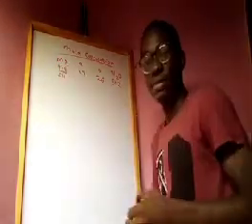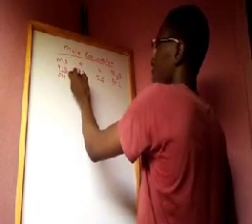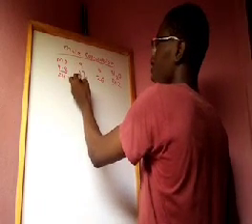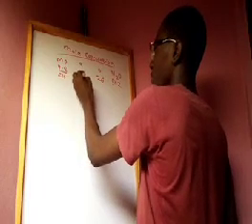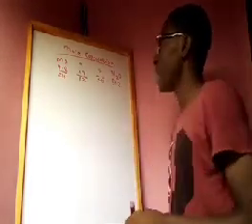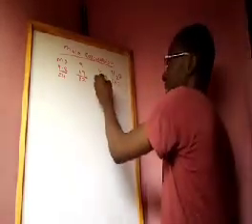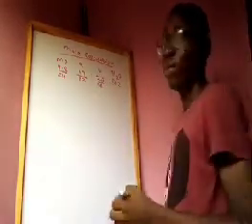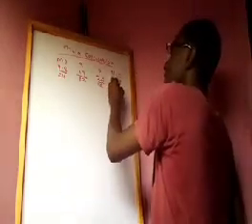For sulfur, we divide by sulfur's atomic mass, which is 32. For oxygen, we divide by its relative atomic mass, which is 16. For water, we divide by its relative molecular mass, which is 18.